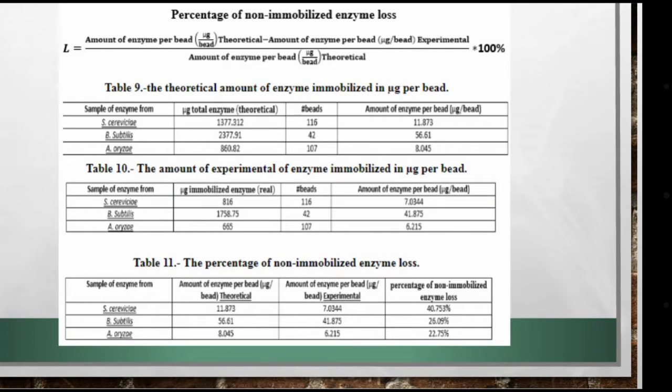The following table 9 shows the theoretical amount of enzyme immobilized in micrograms per bead, which is compared with table 10, where we have the amount of experimental immobilized enzyme per bead. With this, the percentage of non-immobilized enzyme loss is obtained in table 11 from the previous equation.